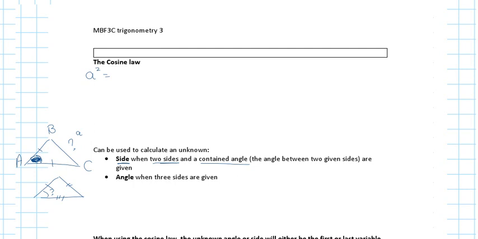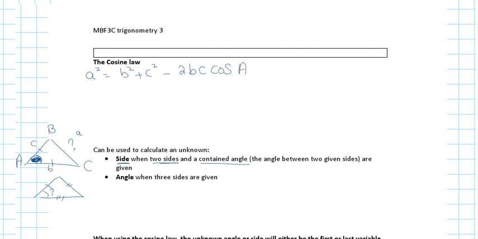We call this side B, and this is side C. So if I'm looking for A squared, it's going to be B squared plus C squared, because I already know B and C, minus 2BC cosine angle A.